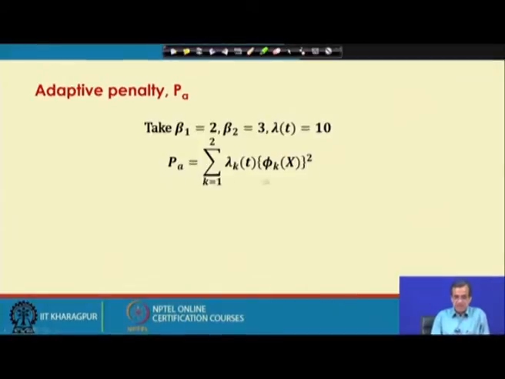Using this expression we calculate the amount of adaptive penalty, that is P a is the summation for k equals 1 to 2 of lambda k t multiplied by phi k x square. Here, as I said, if there is a violation, I will have to find the penalty term, but even when there is no such violation, I will still have to calculate this penalty term.